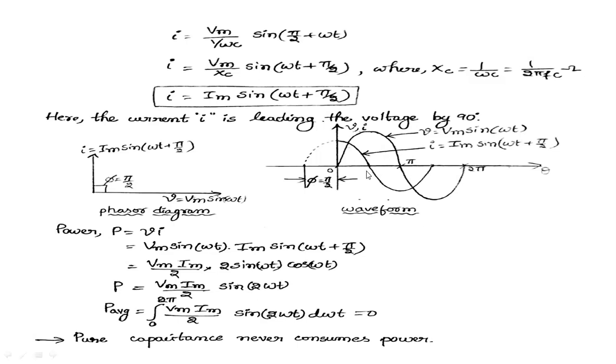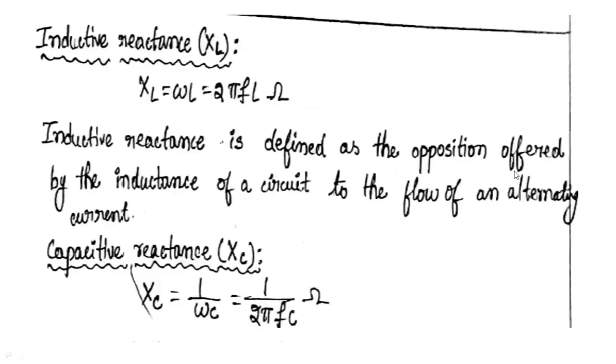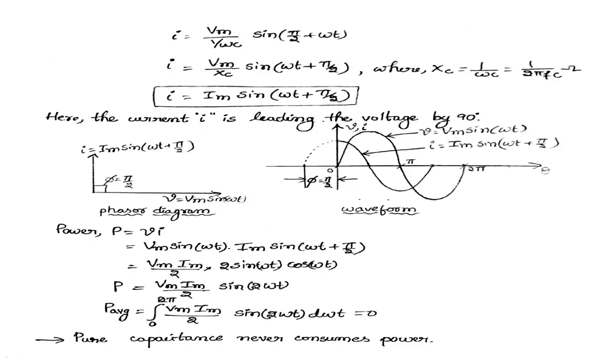For the pure capacitor, the current leads the voltage by 90 degrees, so the angle phi equals pi by 2, and I equals Im sin of omega t plus pi by 2. We write this equation.